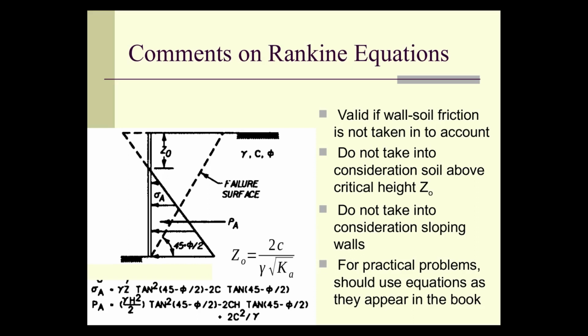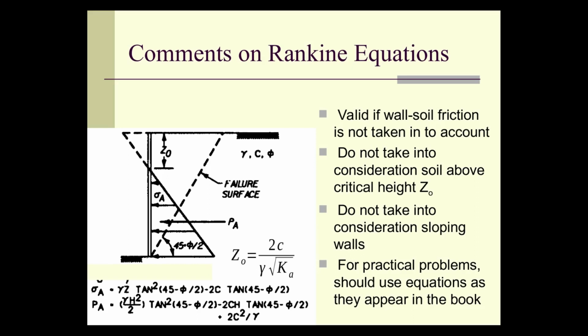Do not take into consideration soil above that critical height. That critical height again is based on lower bound theory, and the equations are the same as the ones before; include whatever the Z naught is actually affected by the presence of frictional effects in the soil. Rankine does not take into account sloping walls. Sloping walls have different considerations.